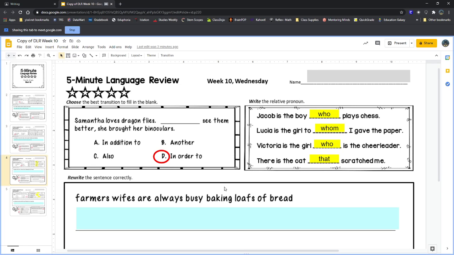Very good. We had that for our spelling one time. So when you have a word that ends with the letter F or the letters FE and you make it plural, you have to change the F to a V and put ES. So LOAVES. Good job. Okay. There's still a few mistakes.